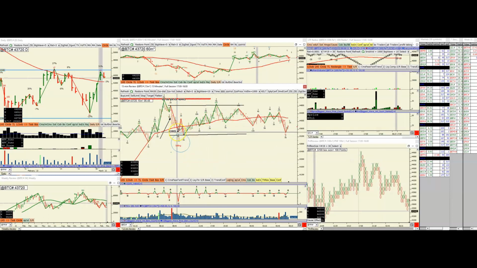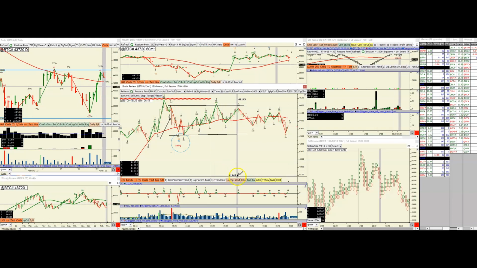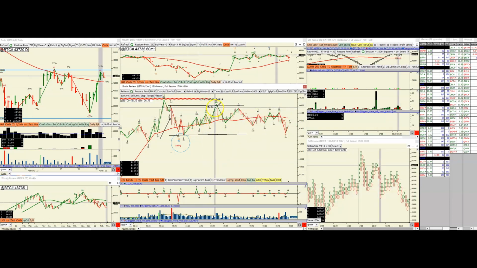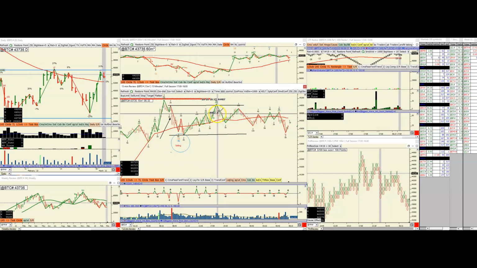So sells, right? Upthrust, selling, pullback. This is a pretty clear sell. Right.